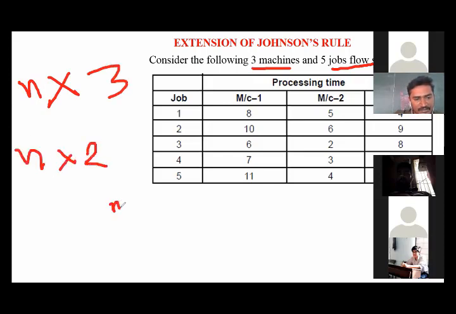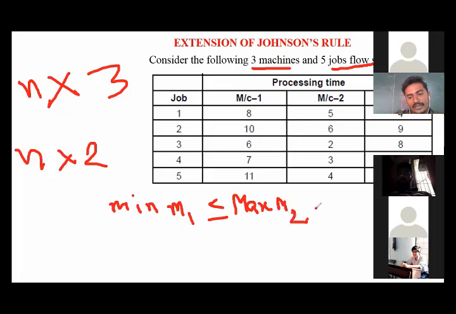Our condition is minimum of M1 is less than or equal to maximum of M2, and another condition is minimum of M3 is less than or equal to maximum of M2.